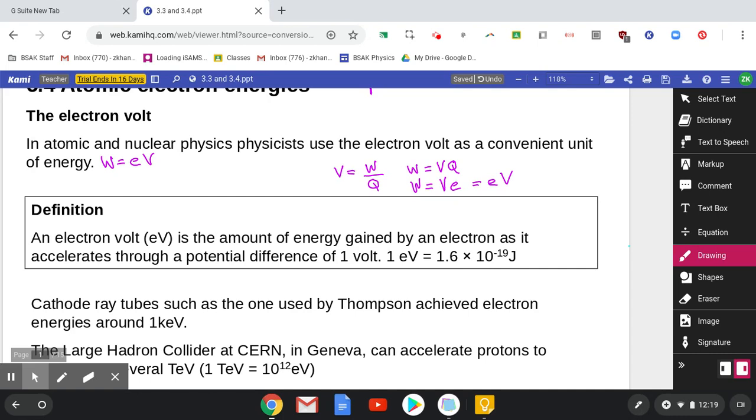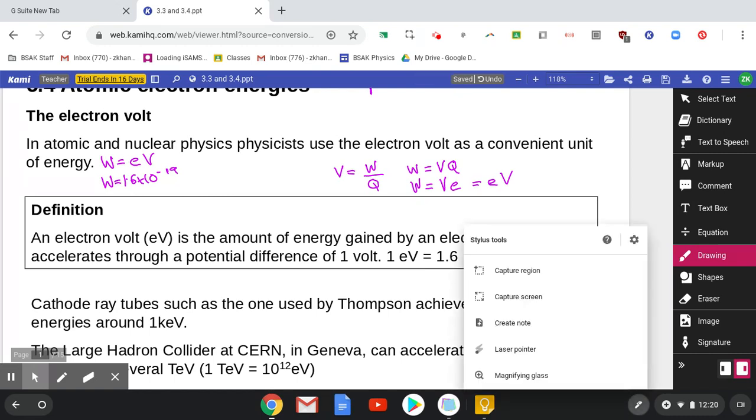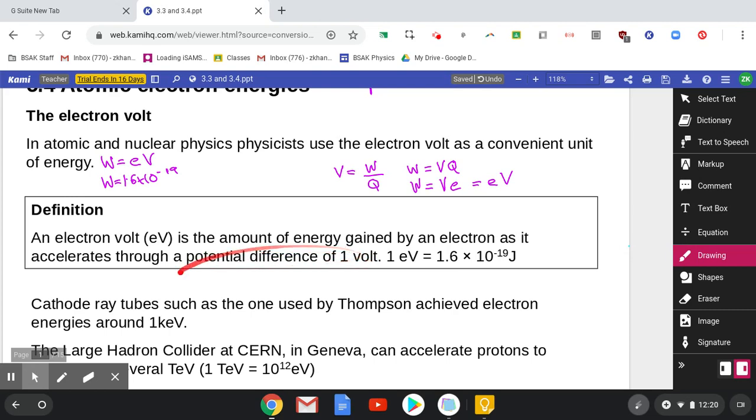So what's the charge on an electron? That's 1.6 times 10 to the minus 19 coulombs. And when it is accelerated through a potential difference of 1 volt, then the potential difference is 1, and the work done on an electron accelerated through a potential difference of 1 volt equals 1.6 times 10 to the minus 19 joules.